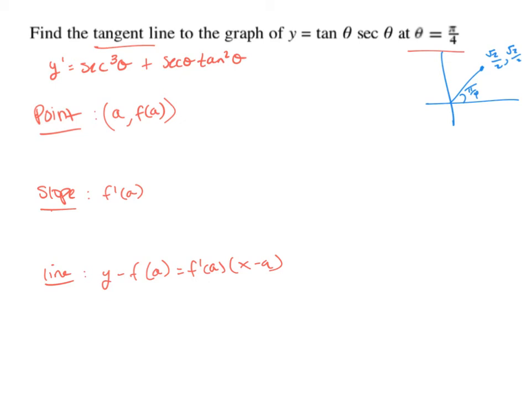So we need to know what is tan of pi over 4 and secant of pi over 4. Well, tangent at pi over 4, sine over cosine, is 1. Secant at pi over 4, 1 over cos, is 2 over root 2, which would reduce to just root 2.